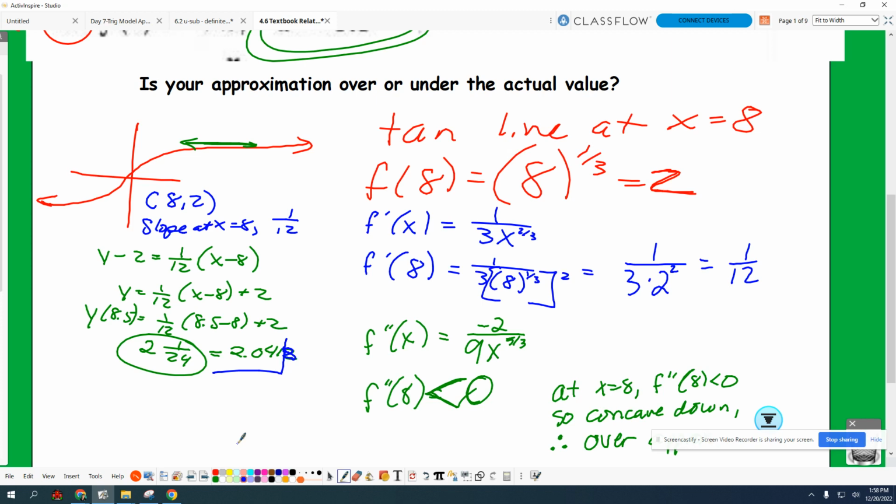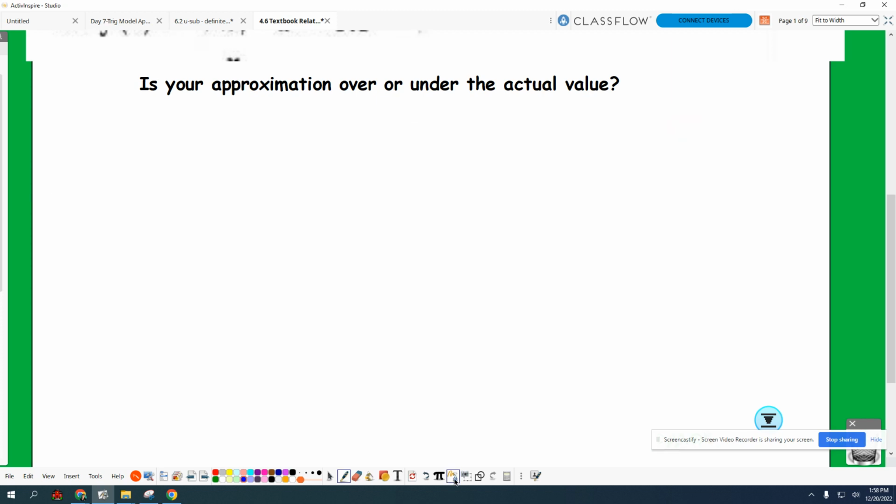On Delta Math, you have to follow their directions, which is probably to properly round. Those of you typing in 3.14159, use the pi key and keep using what's stored on your calculator.